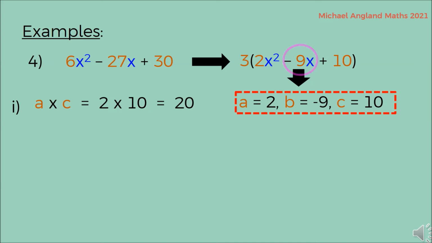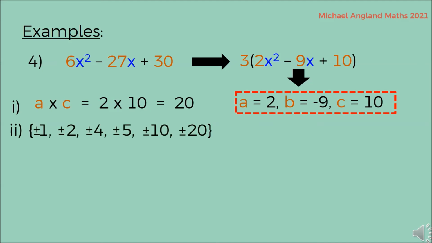And because minus 9, of course, is negative, that means the two factors must be negative. So looking at the factors of 20, we get plus 1 plus 20, plus 2 plus 10, plus 4 plus 5, or we get minus 1 minus 20, minus 2 minus 10, and minus 4 minus 5. So the next step is what plus what is minus 9?